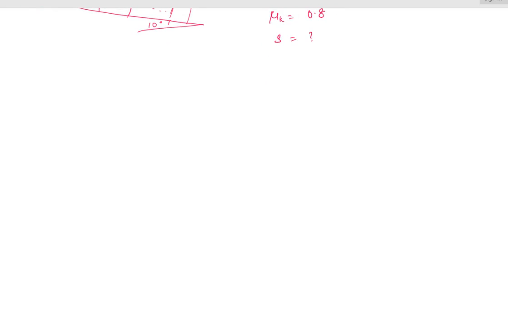So the potential energy of the block as it moves down, plus the work done by the spring, is equal to all the frictional work.